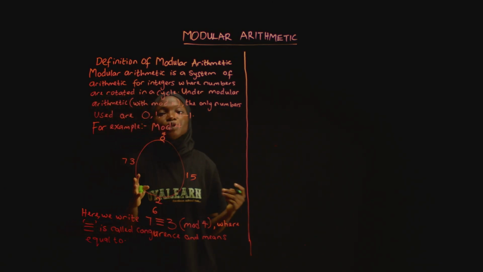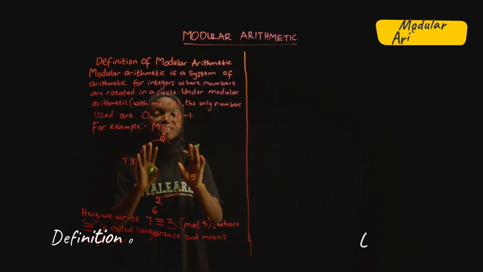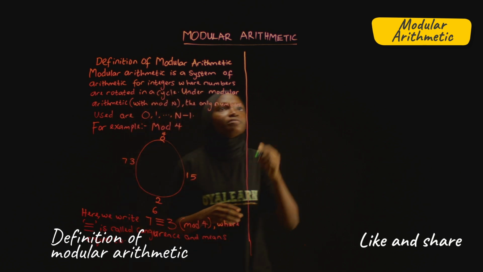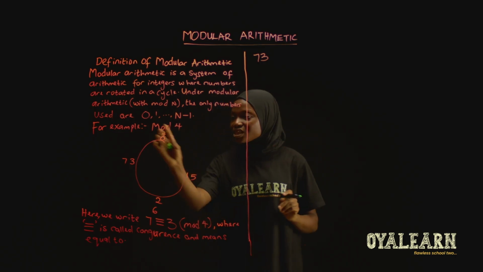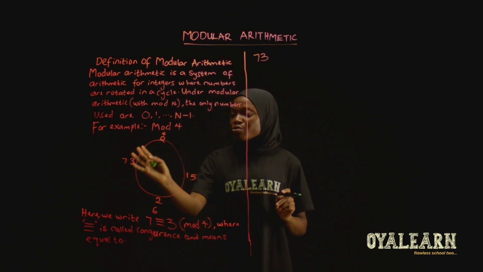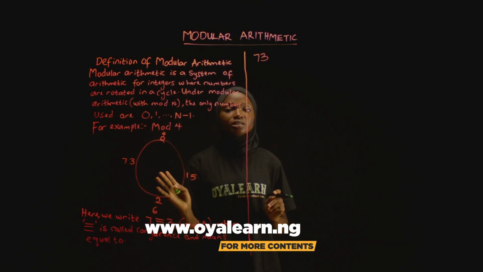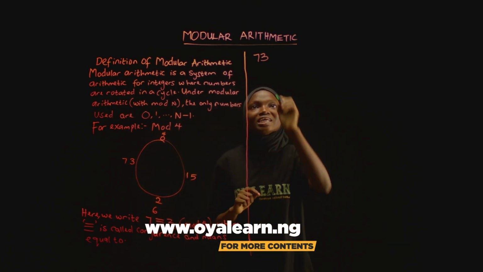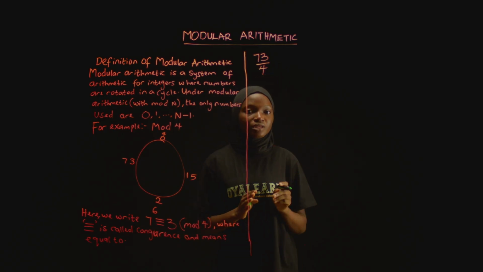Now, what if they give you a big number? You want to figure out what digit is going to represent it from 0 to 3 in this mode 4. Let's say you have 73, and you want to give it in this mode 4 to represent digits from 0, 1, 2, and 3. Here, all we have to do is divide it by 4, and we'll pick the remainder.